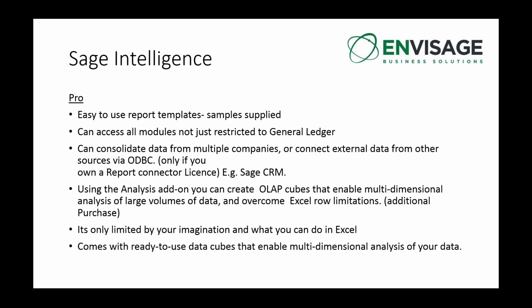The great thing about Intelligence, when you line it up against SEI, is that it's not restricted to General Ledger. It can interrogate the purchase orders, order entry, any of those. It can also consolidate against multiple companies or multiple external databases, as long as it can create cubes, and you can have multi-dimensional analysis of large amounts of data.